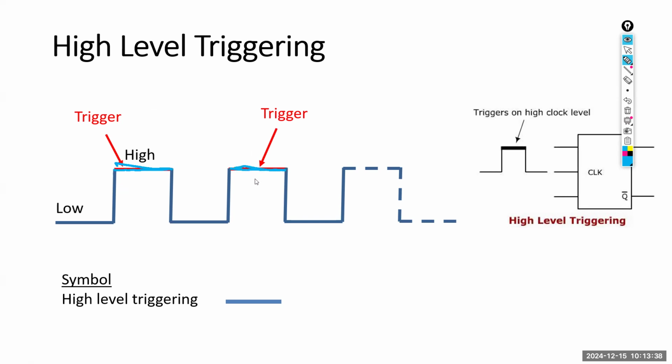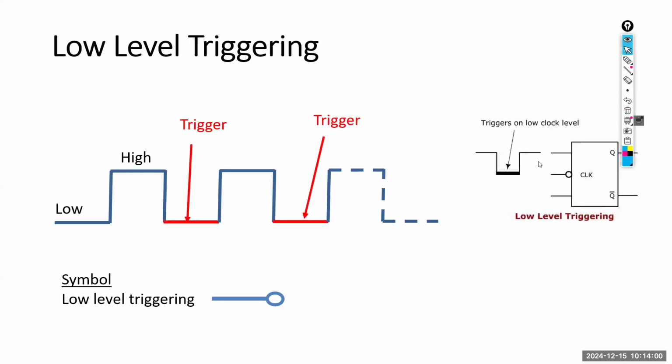So that is called high level triggering. The low level triggering means you trigger when your clock signal is in the low level. So this is the symbol we use, high level triggering. So it's triggered when your clock signal is in the high state.